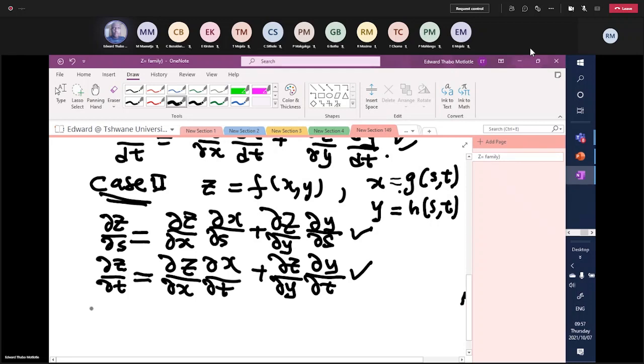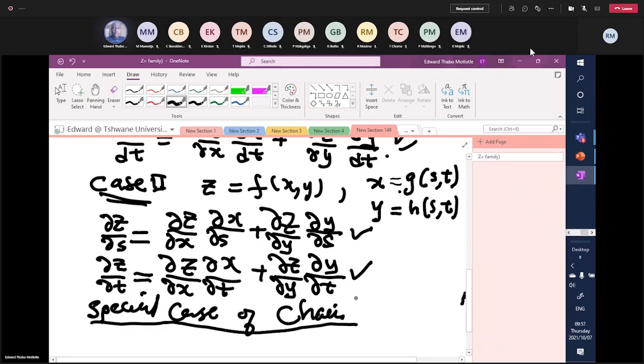Now the last point that I need to discuss here is a special case of the chain rule. The special case of the chain rule will give us implicit partial differentiation.